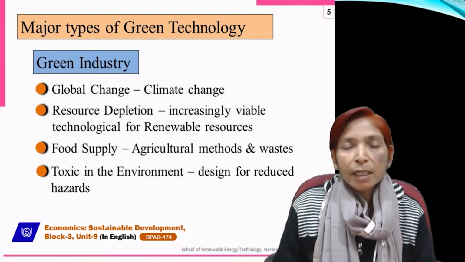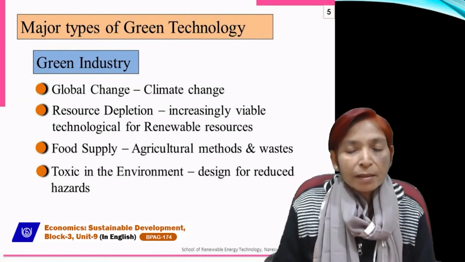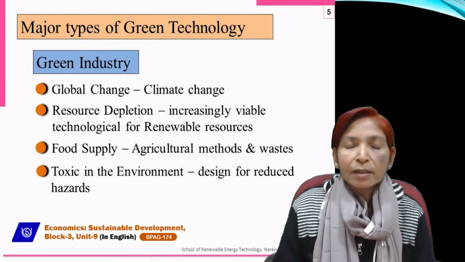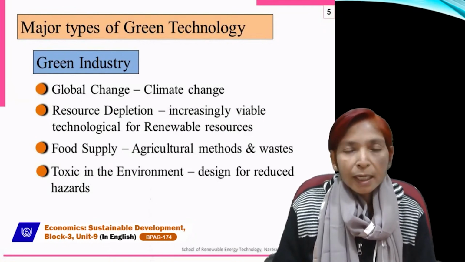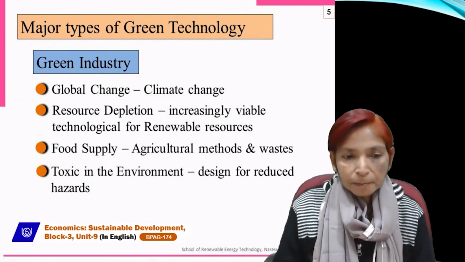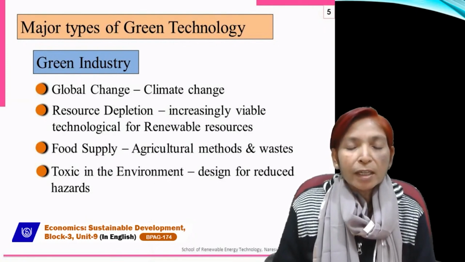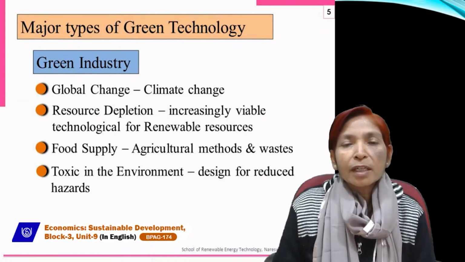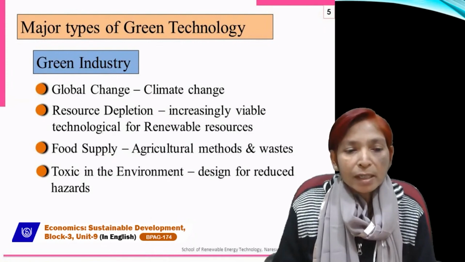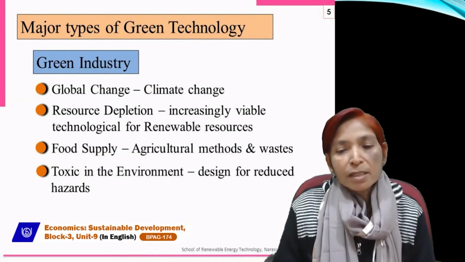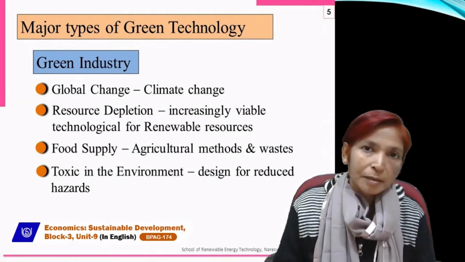Food supply: in the agriculture sector, we should use those methods and technology which will create less waste and recycle the product and save the environment. And that type of technique we should use which will create less toxic products in the environment, and it is designed for reduced hazards.